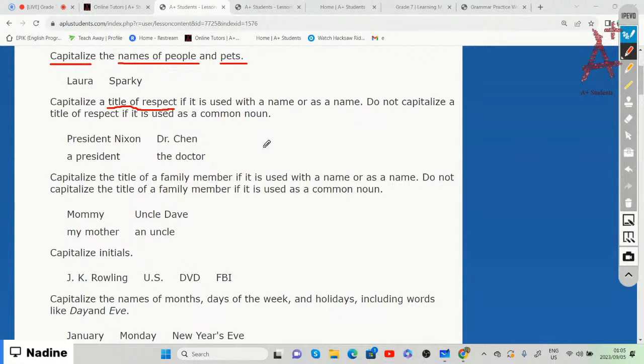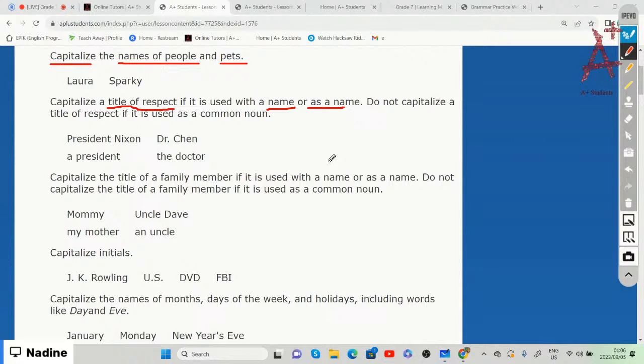So if a title is used with a specific name, or the title is used as a name, we capitalize that specific title. So basically, we capitalize a title of respect if it is used with a name or as a name.